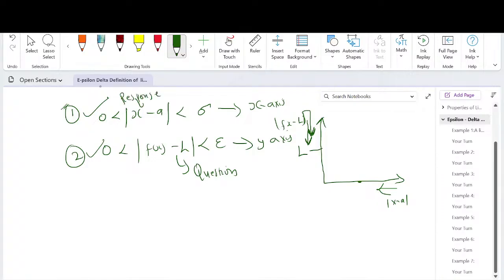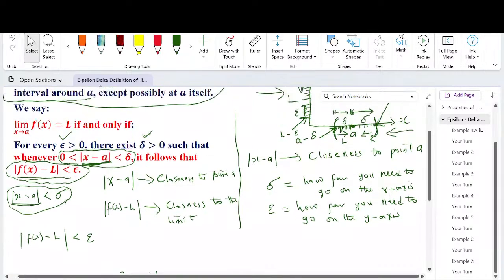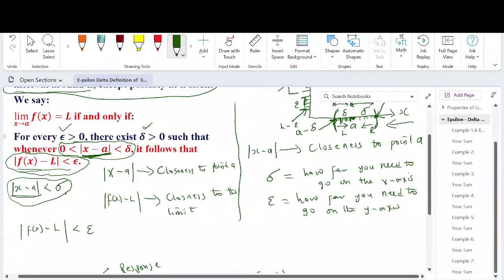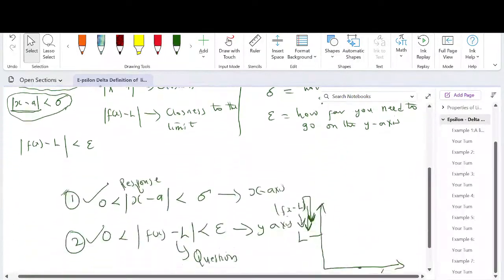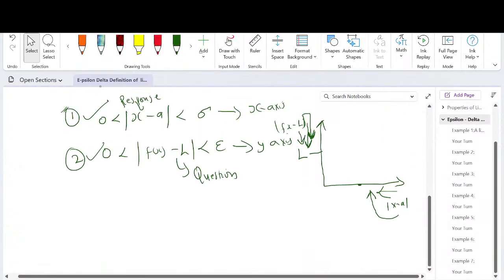It's telling you how close you want to be to the limit, then I will tell you how close you must be to the given point. So that is just the meaning of the last two statements. I think I have explained all the parameters in this definition.